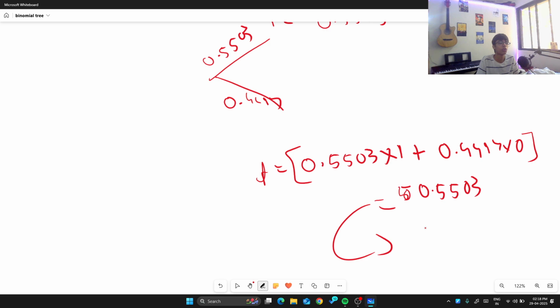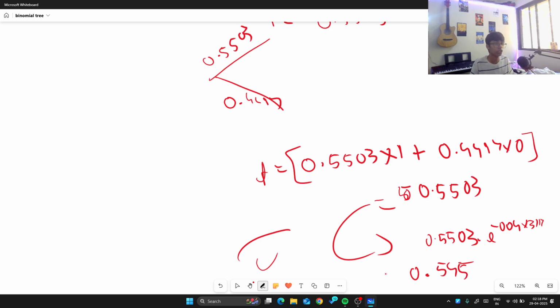And then we will discount it to the present value, 0.5503 times e^minus 0.04 into 3 by 12. That is 0.545.